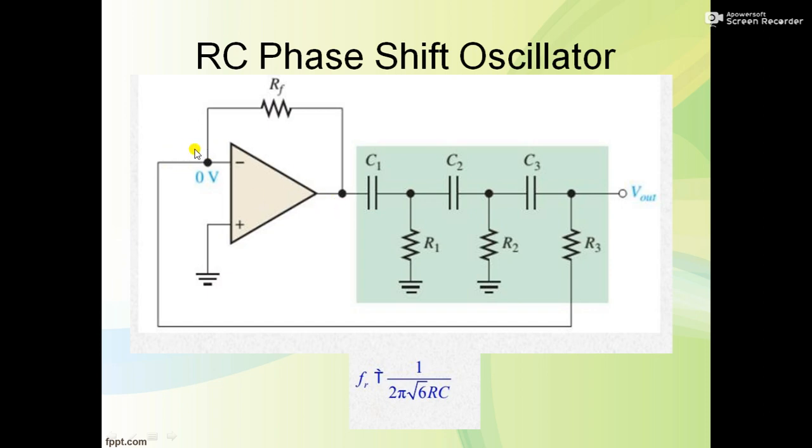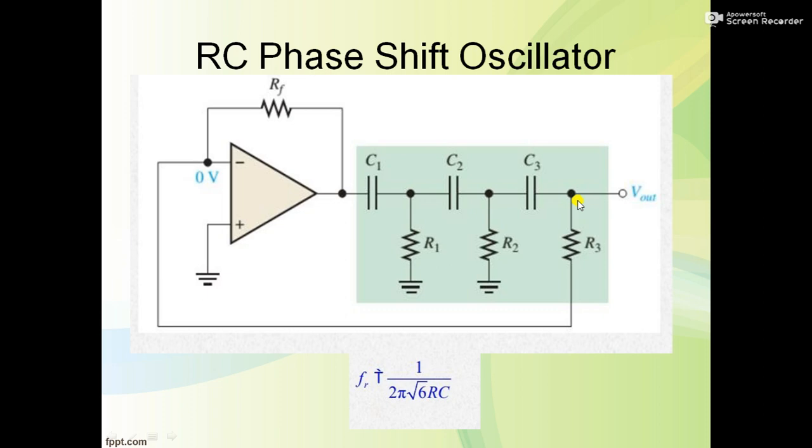If a negative half cycle is applied here, you get positive here. It's exactly opposite, because we are using an inverting amplifier. In an inverting amplifier there should be a 180 degree phase shift between output and input. That input is from plus VCC and minus VEE, remember.